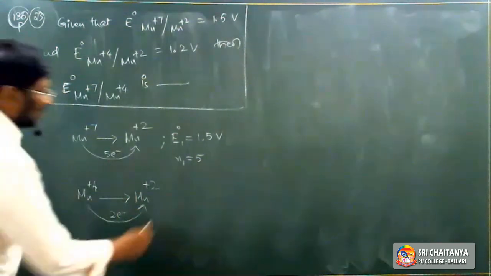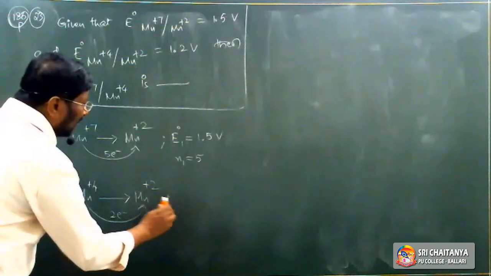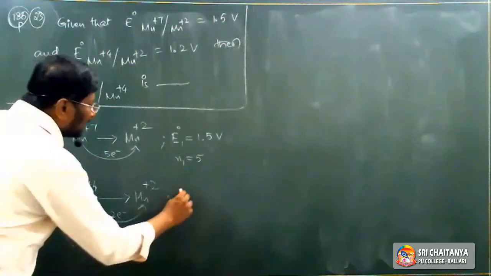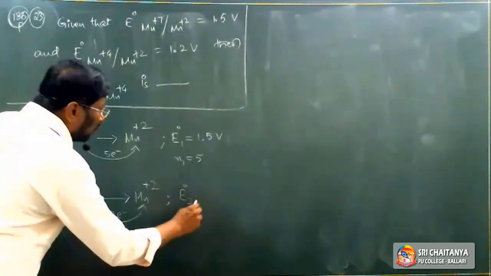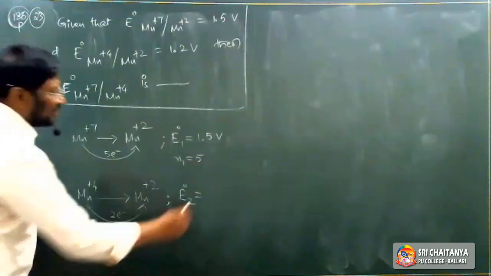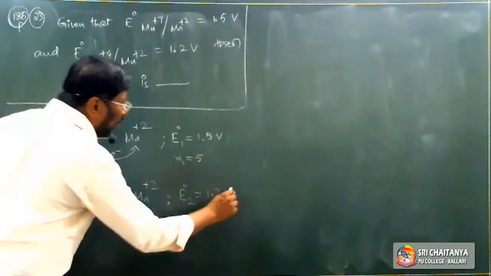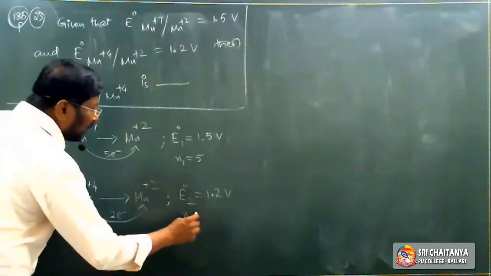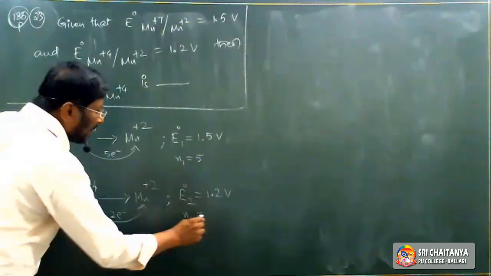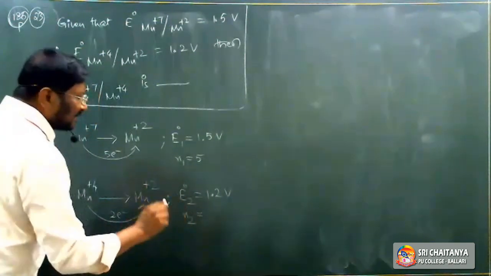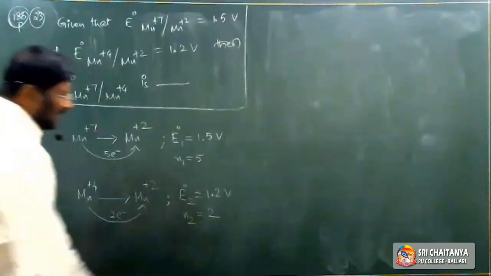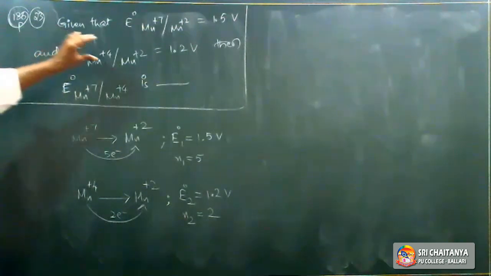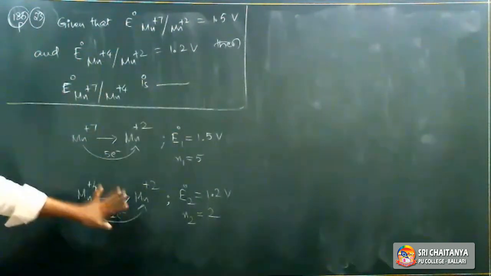Again here, let me say this is E0 2, equal to 1.2 volts. And here the number of electrons in transfer, N2, is 2. So from the given data we write like this.